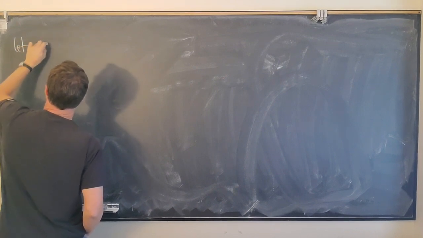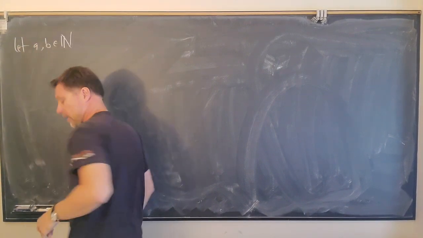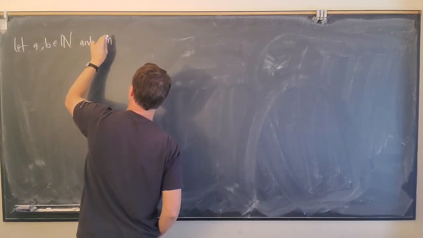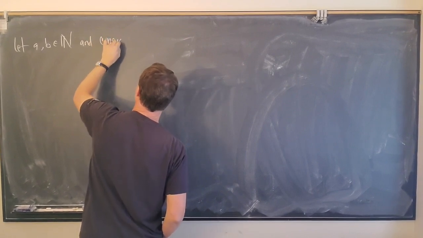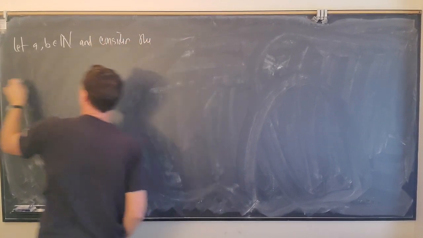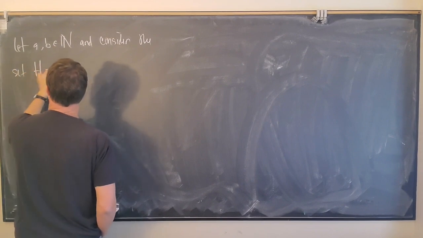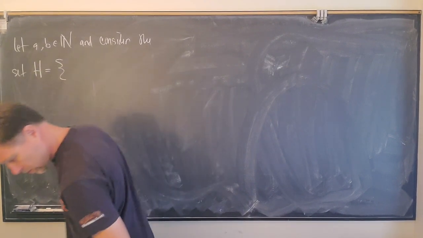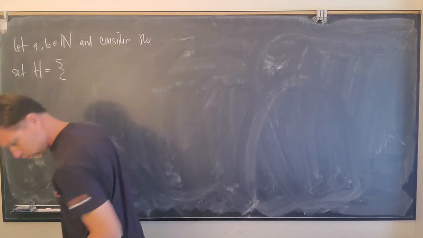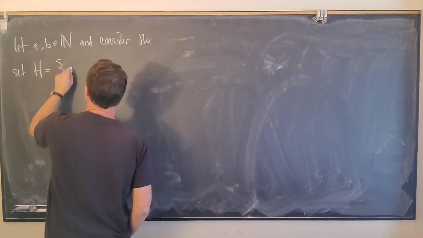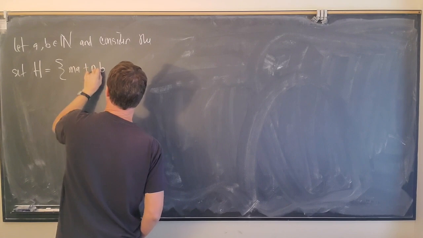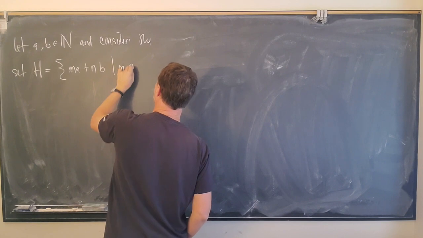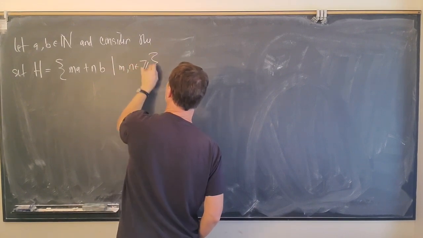Let A and B be natural numbers, and consider the set capital H, defined as the set of all things of the form M times A plus N times B, where M and N run through all integers.